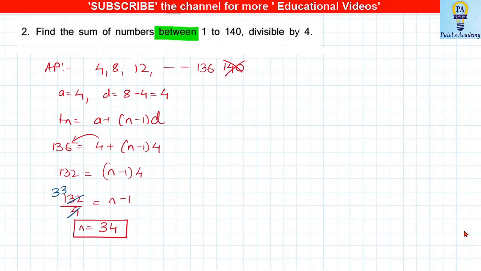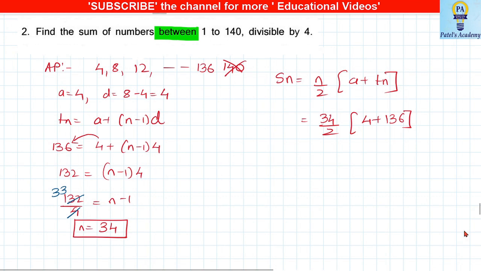Now I have to find out Sn. So let us use the second formula because we know the first term and the last term. That is n upon 2 (a plus Tn). n is 34 upon 2. The first term is 4 and the last term is 136.